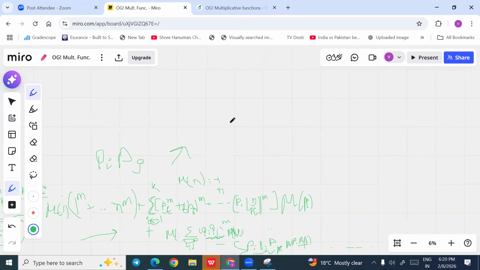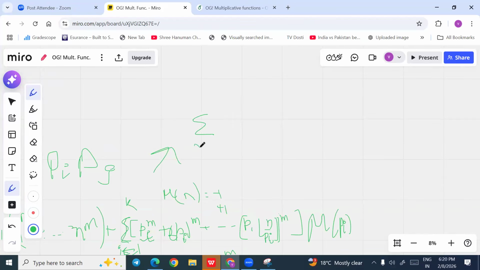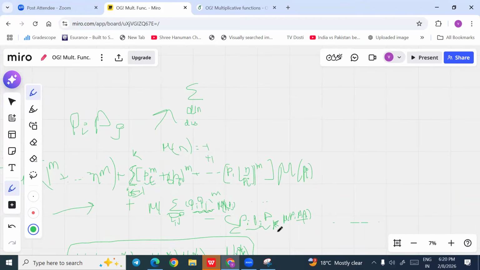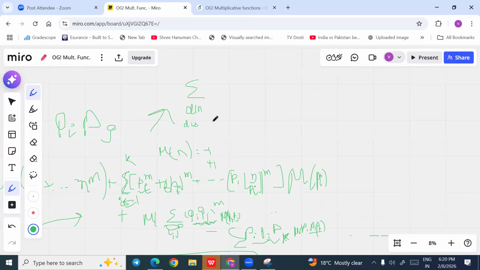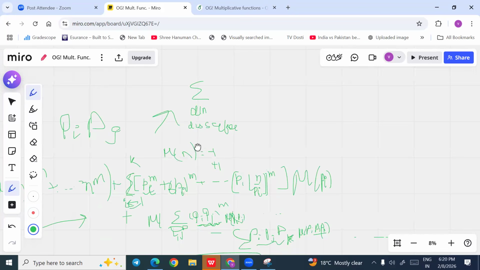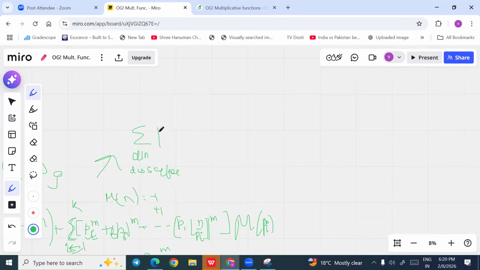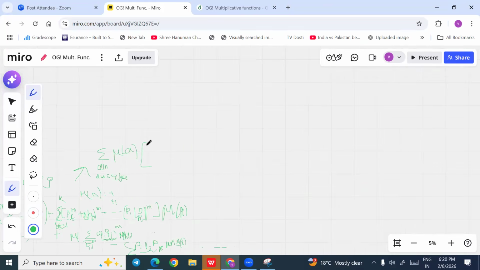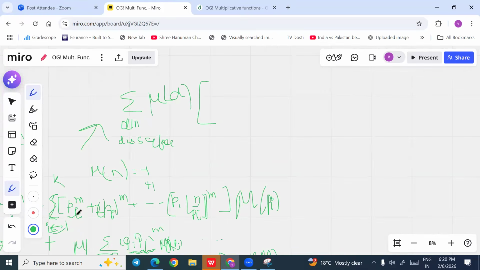If I write this term explicitly, then for a divisor d of n, d is square free, because all the divisors are of the form pi, pj, pk. This is basically mu of d times the sum of the mth power of the multiples of d which are less than n.